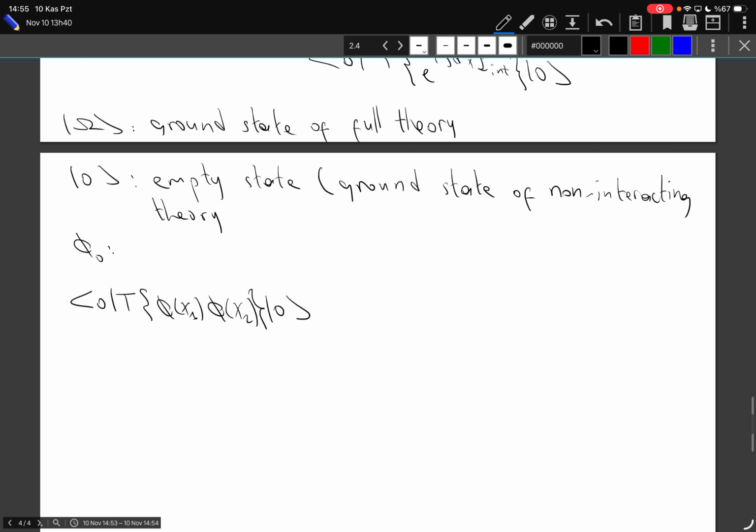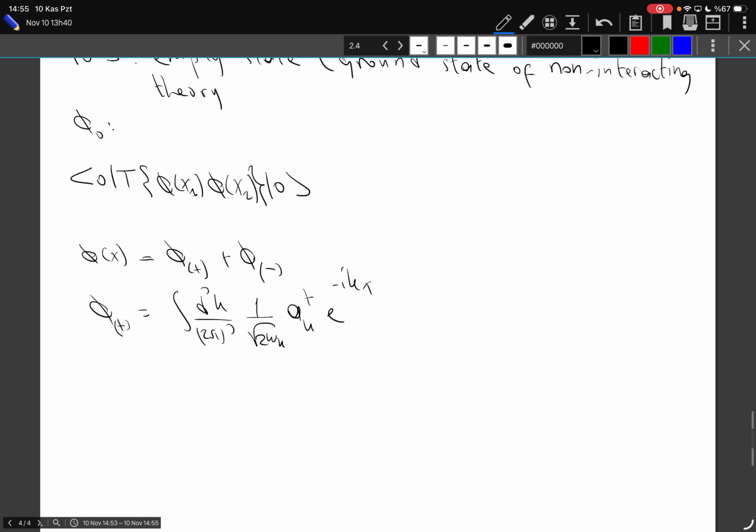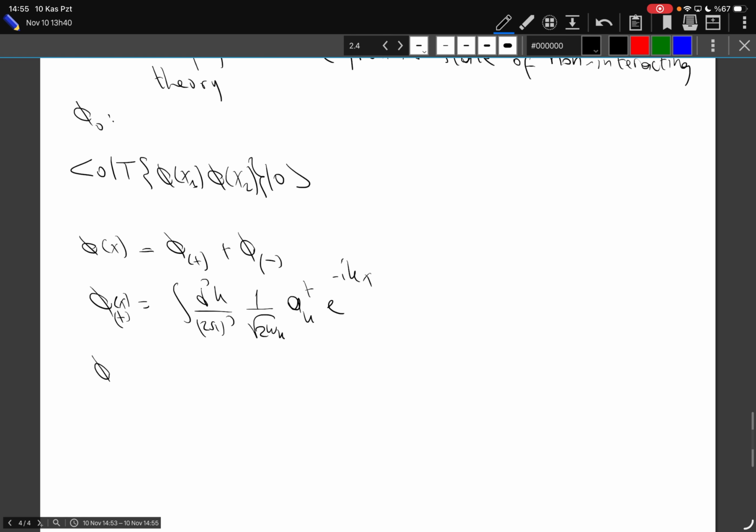So this will be equal to, but before continuing, let me just write phi of x in two parts, phi plus and phi minus, where phi plus is the integral d cubed k divided by (2 pi) cubed, 1 over square root of 2 omega k, a k dagger, e to the power minus i kx, and phi minus x is the integral d cubed k divided by (2 pi) cubed, 1 over square root of 2 omega k, a k e to the power i kx.